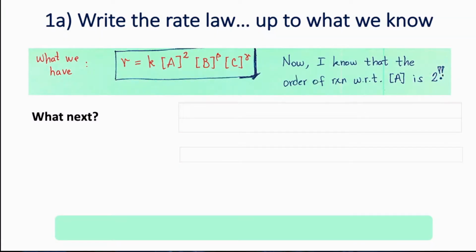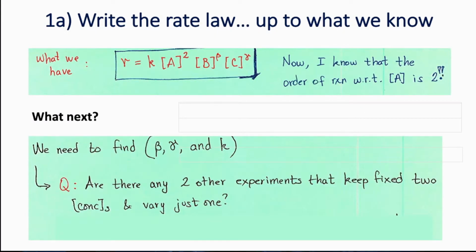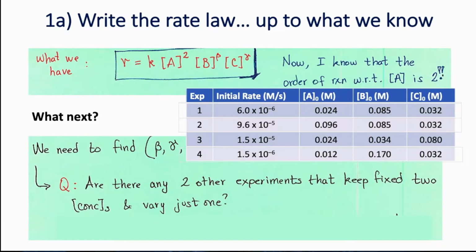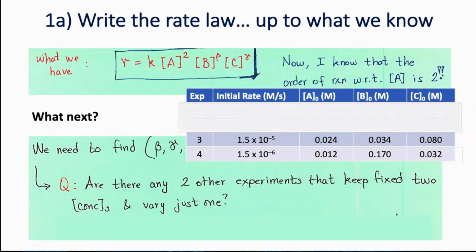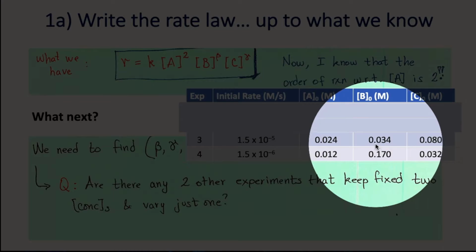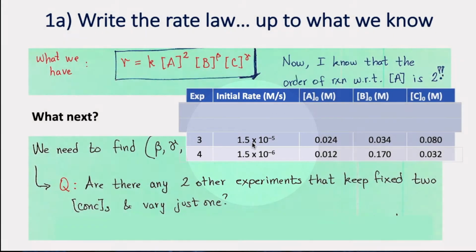The next step is to find out the values of beta, gamma, and the rate constant. Now the question is, if I look at the data, are there any other two experiments that keep two concentrations fixed and change only one? Well, let's look at, for example, experiments 3 and 4. You can see for experiments 3 and 4, all of A, B, and C are changing, so the initial rate is changing, but we don't really know where that change is coming from because the three are changing at the same time.